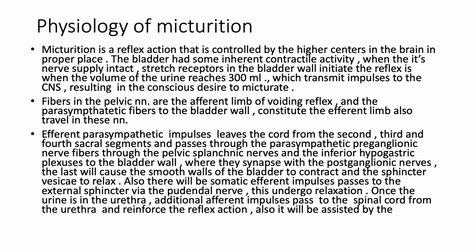Sometimes, in some circumstances, this micturition can be aided by the contraction of the abdominal muscles to raise the intra-abdominal pressure and exert an external pressure on the bladder. In young children, micturition is a simple reflex that can take place anytime and any place.